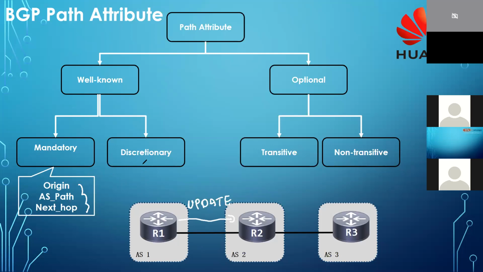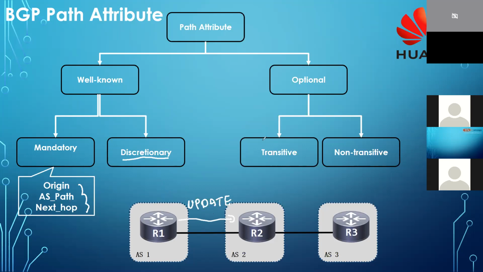Well-known discretionary means the router needs to identify this path attribute, but the router doesn't need to send it in every update. For example, R1 can send R2 an update without this path attribute because R1 doesn't use it. But for mandatory, the router needs to send it in every update.